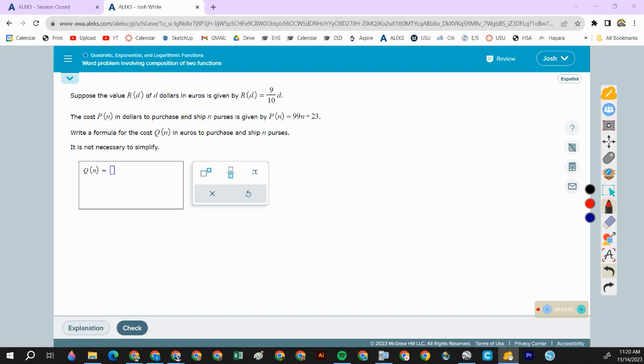Write a formula for the cost in euros to purchase and ship n purses. So we're going to stick one inside the other. Okay? Which one goes into which? So why would you put R of D into P of N?